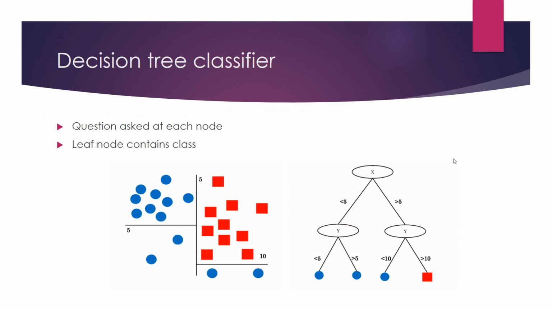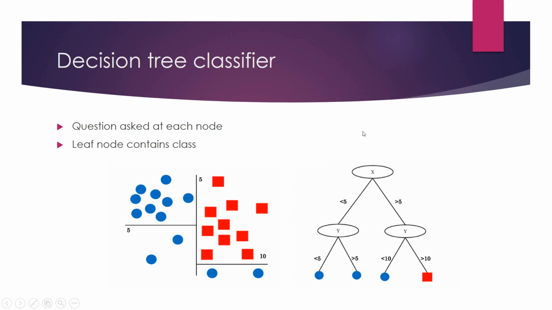Next comes the decision tree classifier. In a decision tree classifier, basically at each node a question is asked and then it moves to the left or right. Here we took a binary tree, so it either moves to the left or right. For example, take a data point where x comma y are the features.